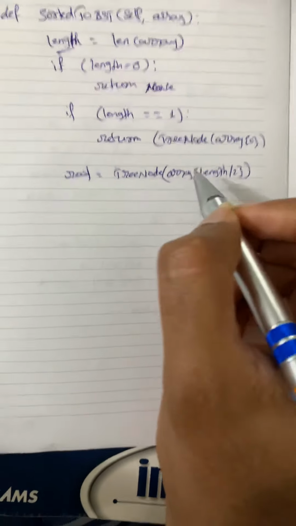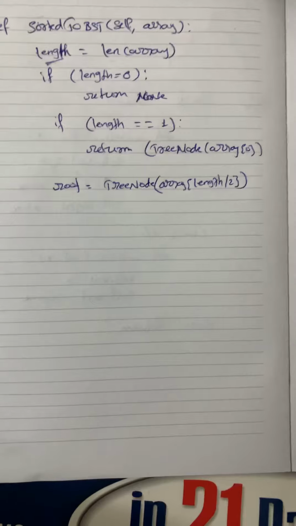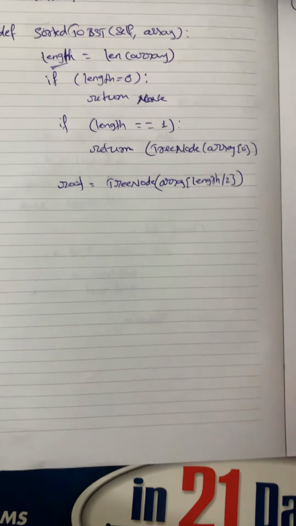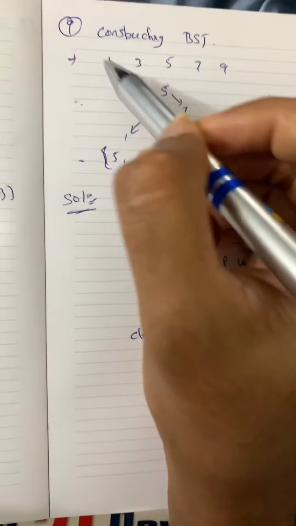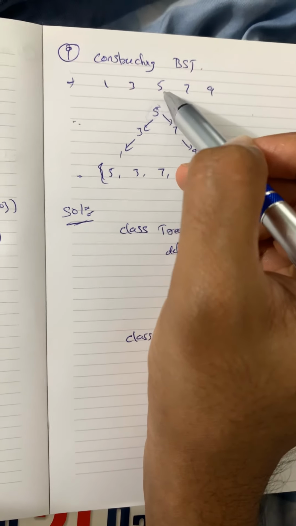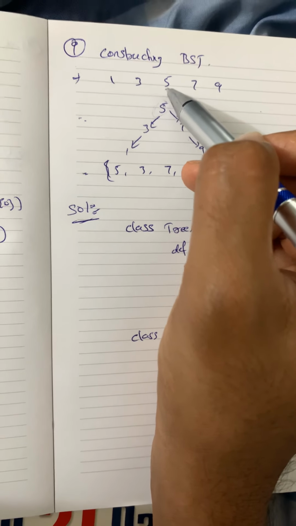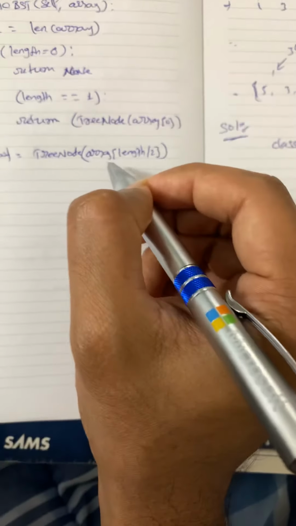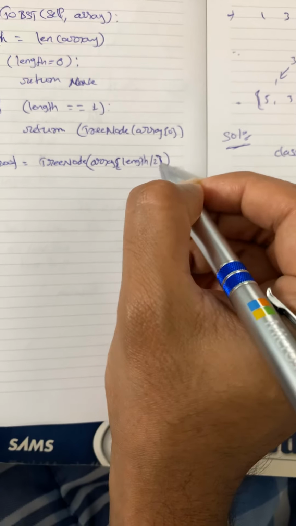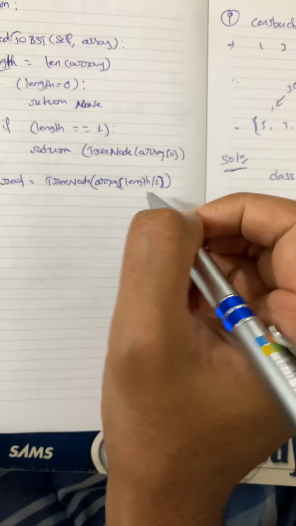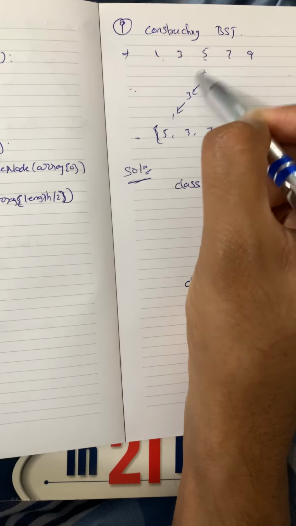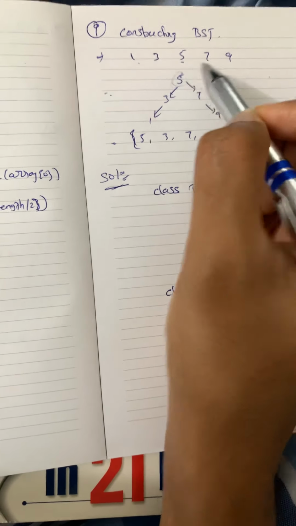In our case the array is 1 2 3 4 5, so this is the second, this is the third element. So array of the second element is at index 0 1 2, so it will be the main root value.